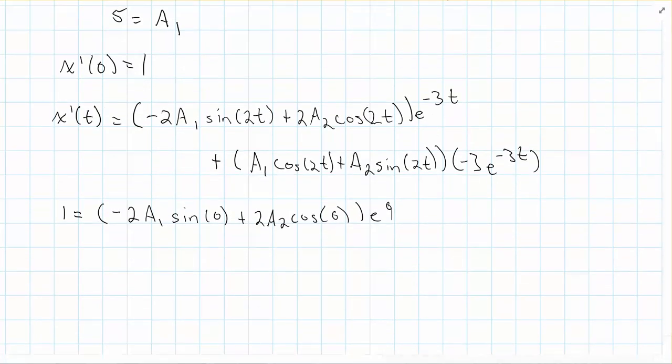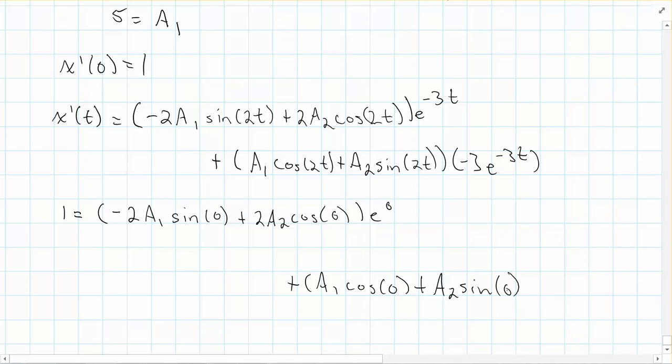Give myself a little extra space here, plus a1 cosine of 0 plus a2 sine of 0, times negative 3 e to the 0. Now, yeah, there's a lot of things we had to keep track of in the derivative, but all these computations here should be easy, because we know this goes to 0, this goes to 1, this goes to 1, this goes to 0, this goes to 1, and this goes to 1.